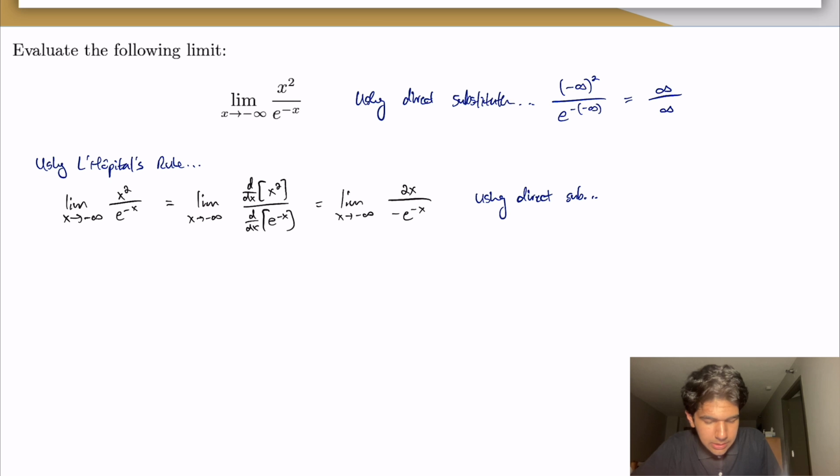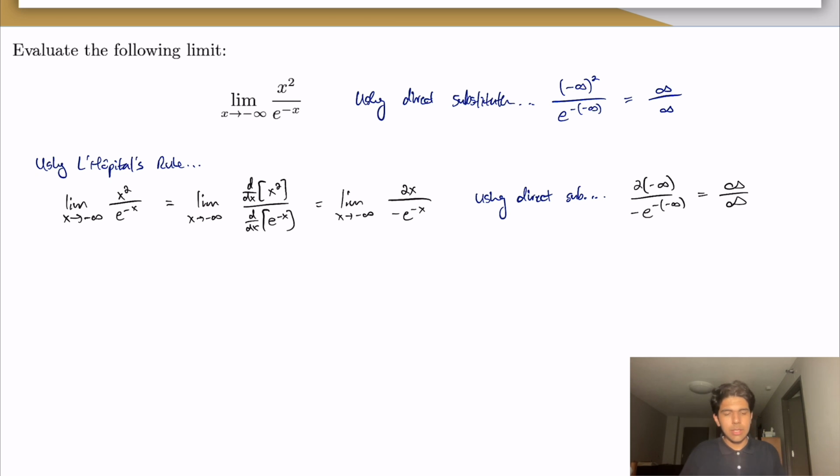And we get, let's see, in the numerator we get 2 times negative infinity, and in the denominator we get negative e to the negative infinity, and we can see that this is going to be some sort of infinity over infinity thing. So that's not good either, which means we can use L'Hopital again.